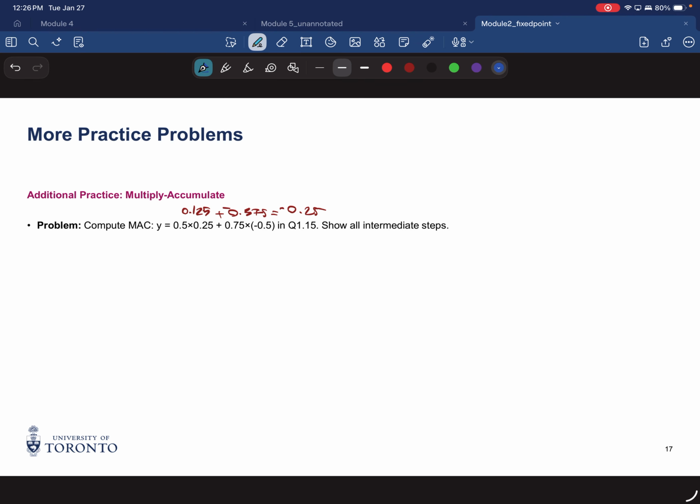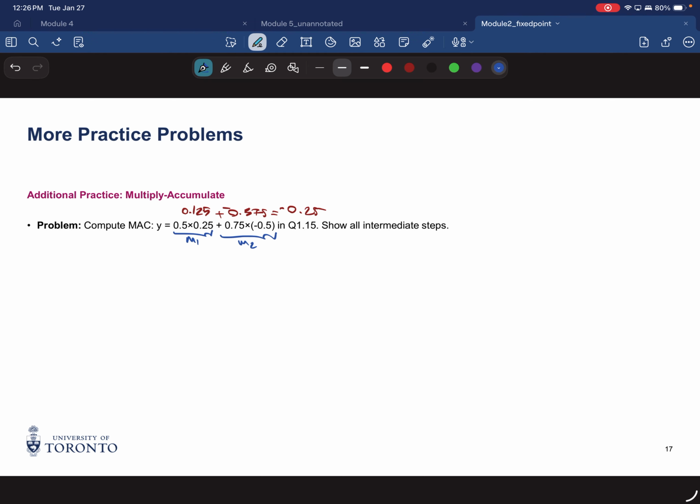Okay, let's go with, I'm going to call this multiplication 1, and then this is multiplication 2. And it says everything is Q1.15. 1 plus 15, it's 16 bits, so the sign bit is already explicitly included. It means that I have 1 sign bit, 0 integer bits, 15 fractional bits. So mentally do this check.